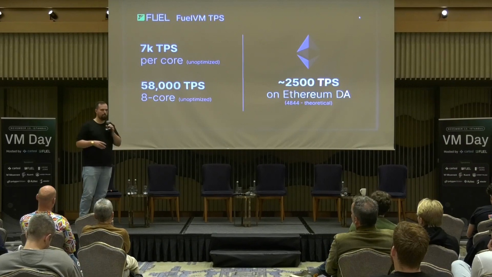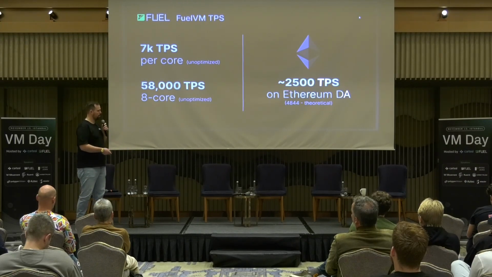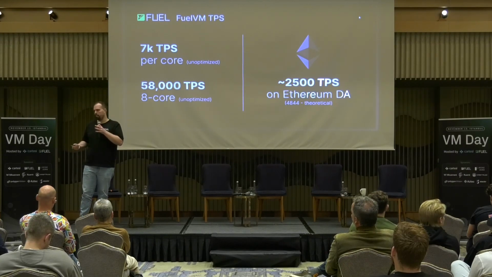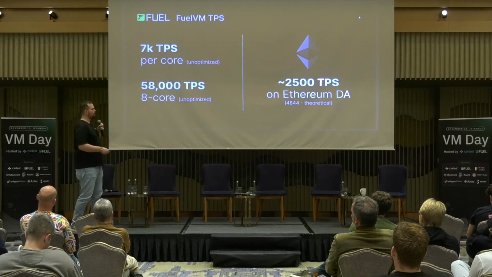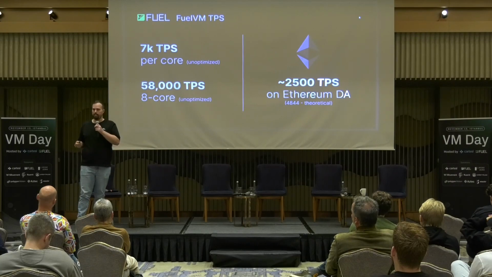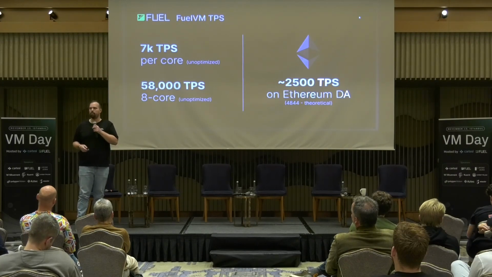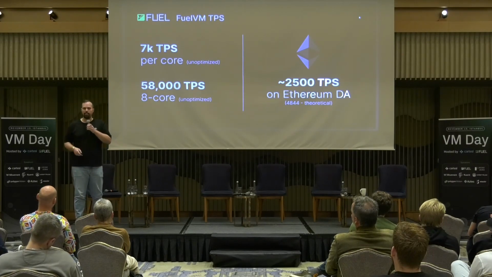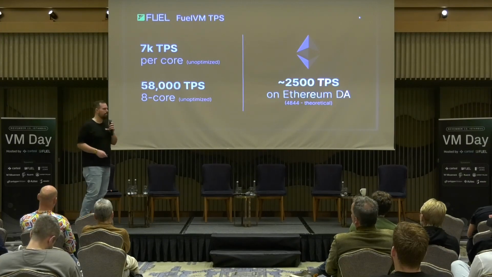And because of the way our model's designed and also the way that UTXOs work, we're able to get really nice compression properties, which will allow us to post about 2,500 TPS on Ethereum DA, given that we used all the DA on Ethereum. But effectively, that's what we can process at the limit. So, large numbers, but again, TPS is a horrible metric, so don't ever use it unless you have to. Unfortunately, I'll just say it once. But anyway, there, I said it once.